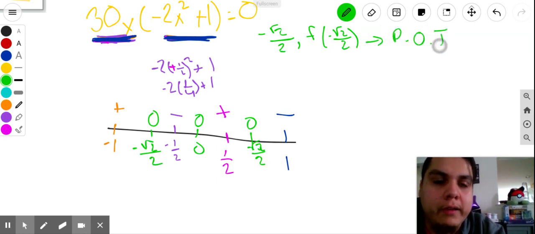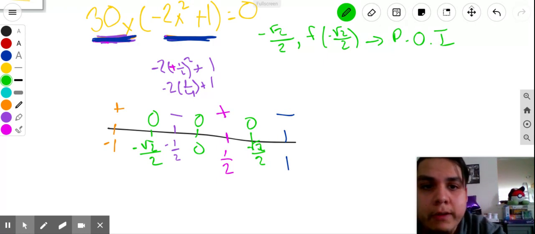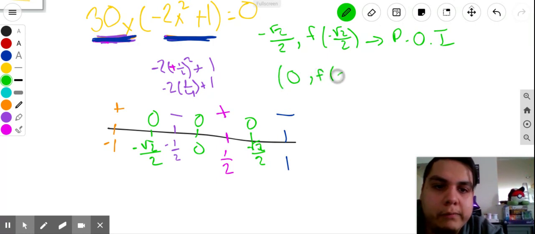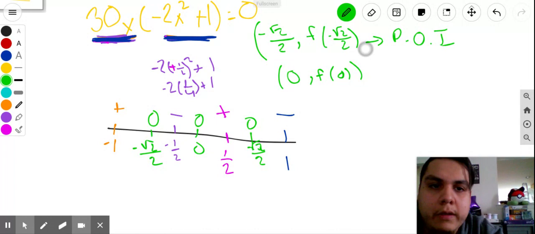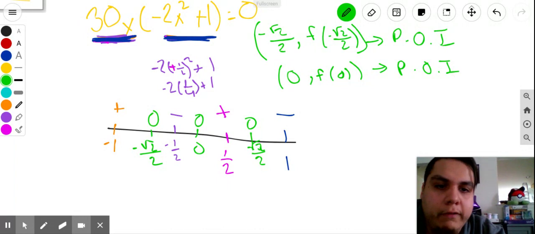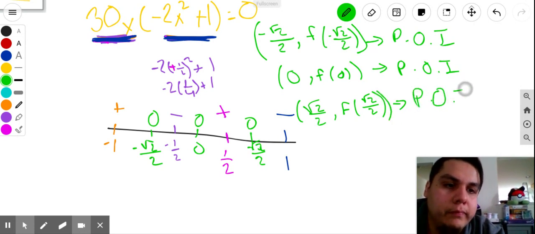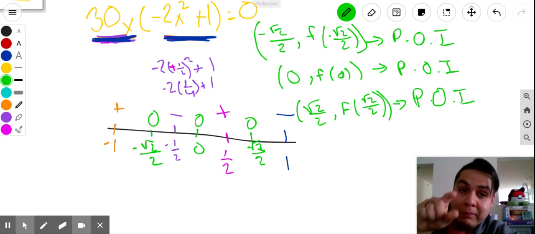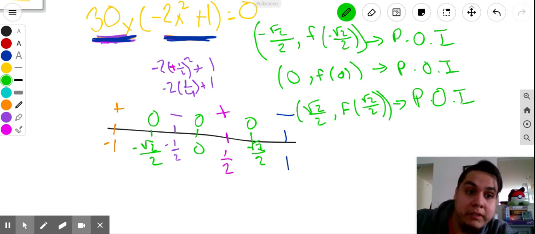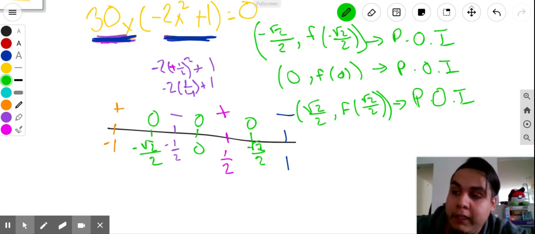That's where my concavity changes. 0 comma f of 0 is also a point of inflection, and same with radical 2 over 2, f of radical 2 over 2. It's a point of inflection. As the name states, it has to be written as a coordinate point. Right now, I'm satisfied taking these as answers because that's good. So I have my points of inflection, and here's what I can also say.